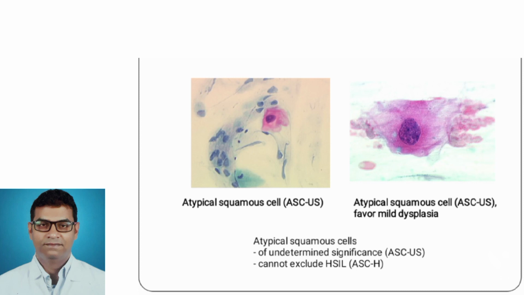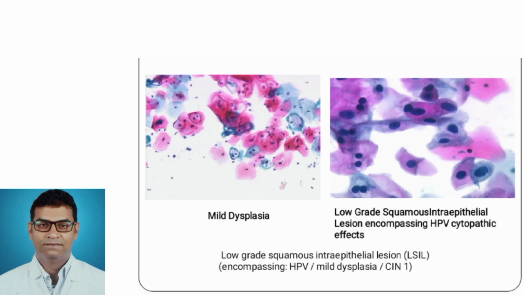Atypical squamous cells are of two types, as I said earlier: ASC-US, that is undetermined significance, or atypical squamous cells in which we cannot exclude HSIL, ASC-H. LSIL, low-grade squamous intraepithelial lesion, cervical intraepithelial neoplasia 1 with mild dysplasia, human papilloma virus cytopathic effects. LSIL encompassing the HPV cytopathic effects.